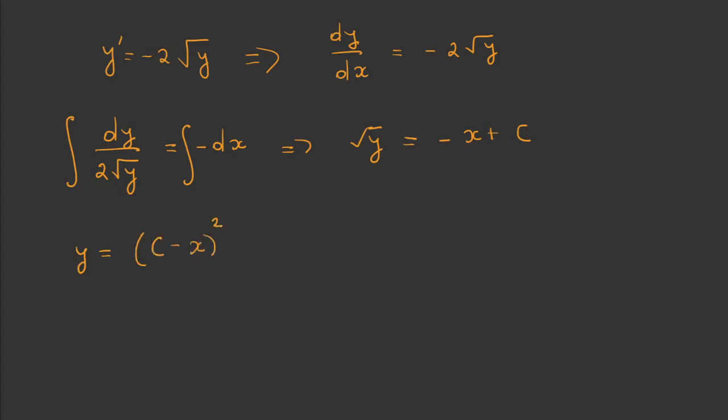Now, if we graph this function, we'll get a parabola which touches the x-axis at the point x equals c. So the graph of this function will look something like this.